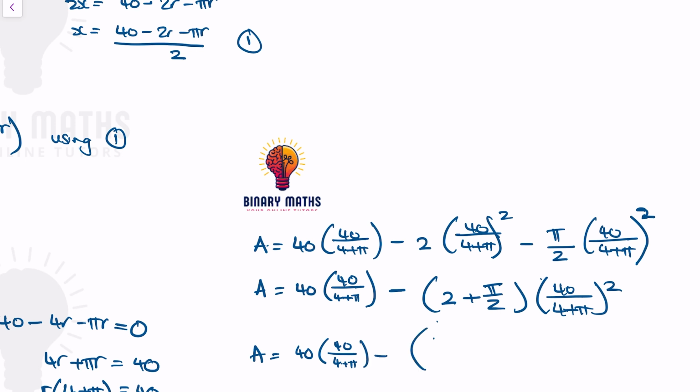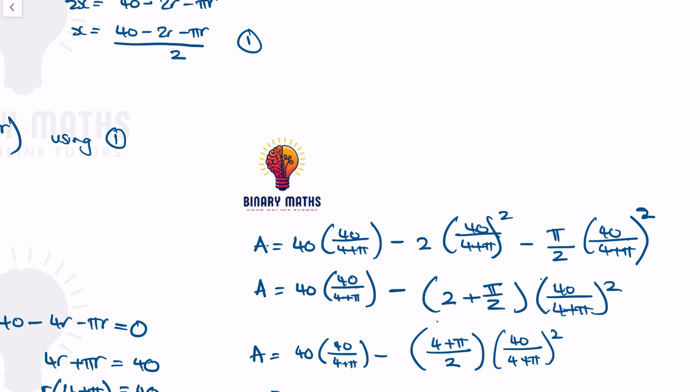That's going to be (4 plus pi) over 2 times 40 over (4 plus pi) squared. So one lot of 4 plus pi will cancel out from the top and the bottom.